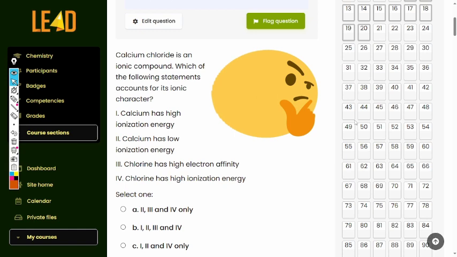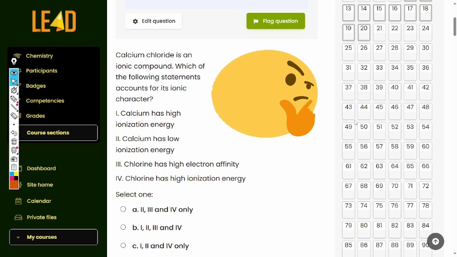Non-metals on the other end of the periodic table have high ionization energy, because across the periodic table the number of protons and electrons increases, so the attraction between them is very strong. It becomes more difficult to knock out electrons from the outermost shell, so the ionization energy is very high as you go across.